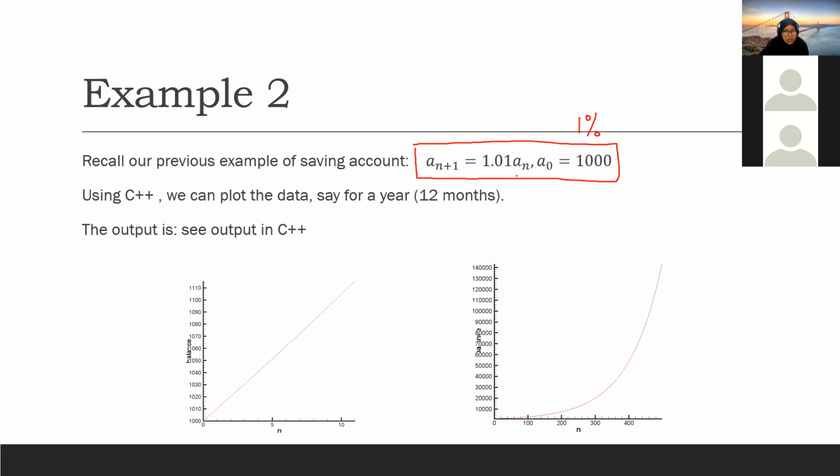Okay, and I'm going to plot the data, let's say for 12 months. Okay. So this is in 1 year or 12 months. And this is in 400 months. I say that is more than 10 years, so on.